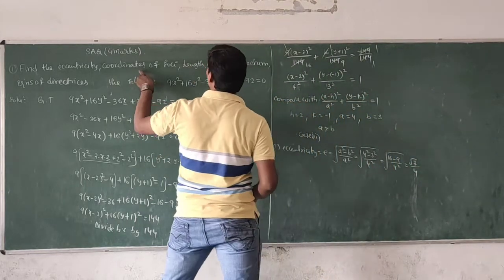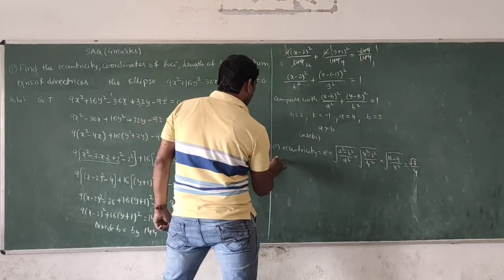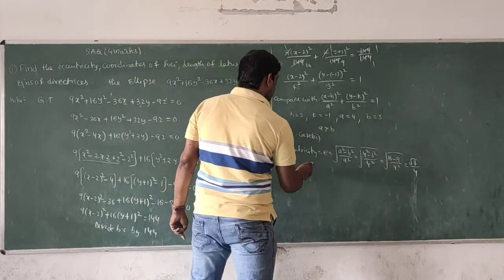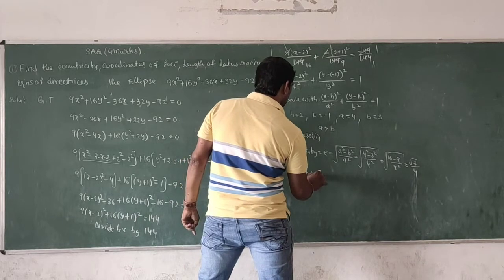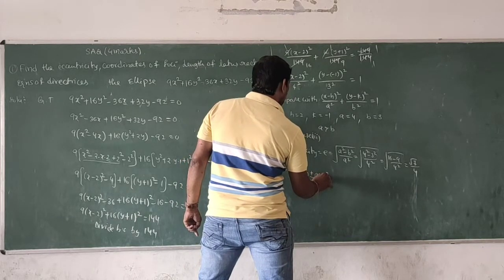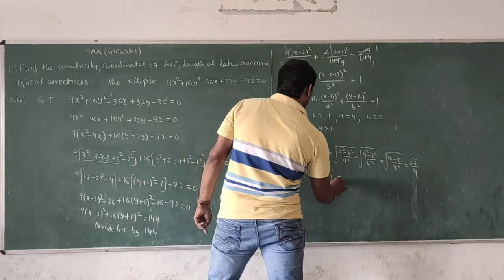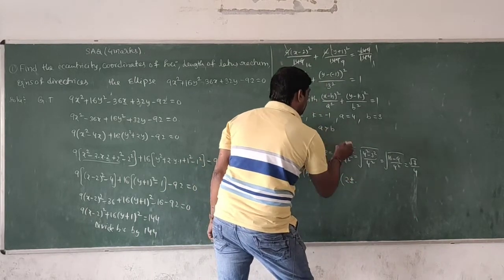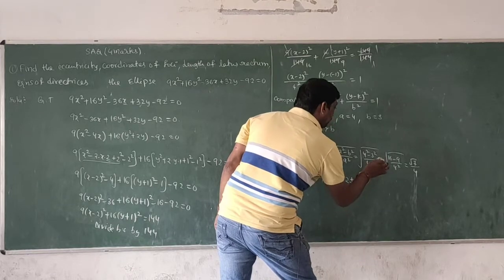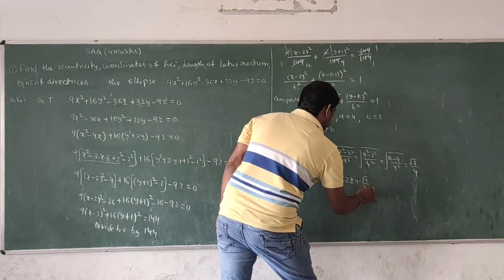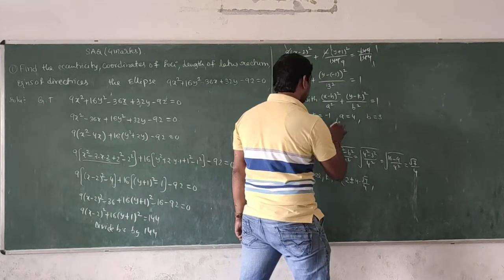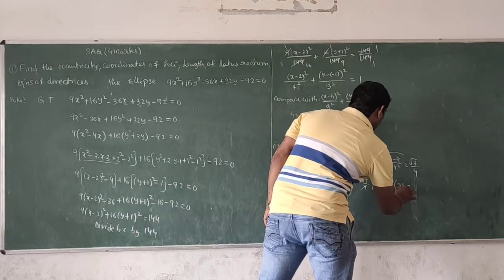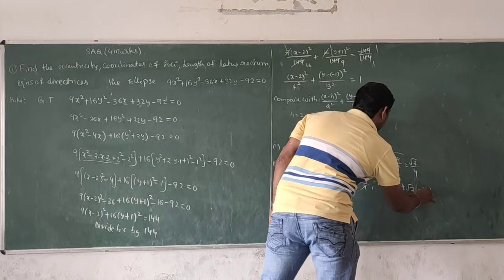Next, coordinates of foci. In the third case the foci are (h plus or minus ae, k). h value 2, 2 plus or minus a value 4, e value root 7 by 4, comma k value minus 1. Here 4 cancels: 2 plus or minus root 7, comma minus 1.